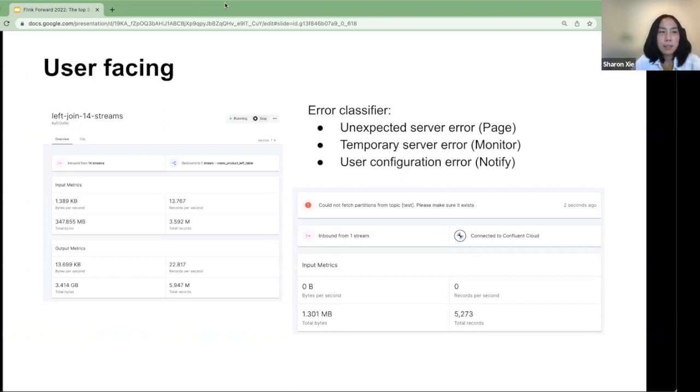The last bucket is the ones that require user attention. That means there's nothing we can do internally to fix it. So, for example, when a user configures a Kafka connection and the connection is consuming data from the topic, and they happen to just delete that topic, our Flink job will fail, and there's really nothing we can do.